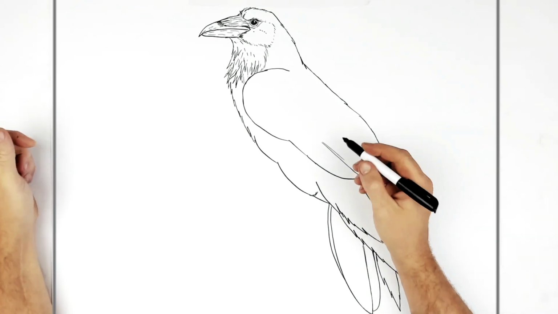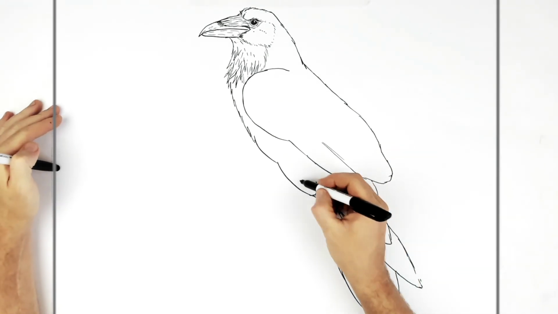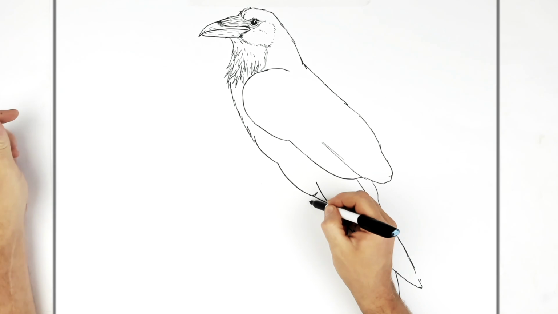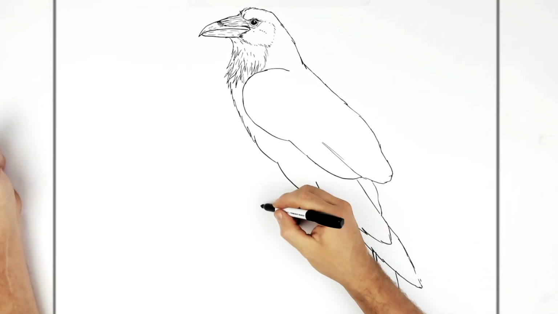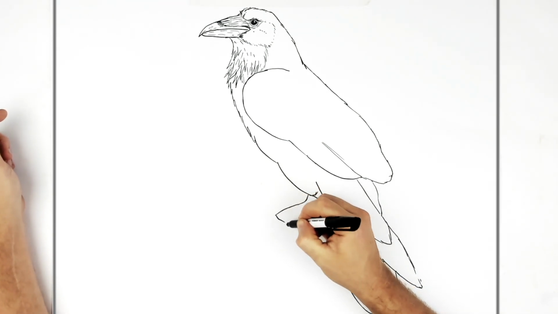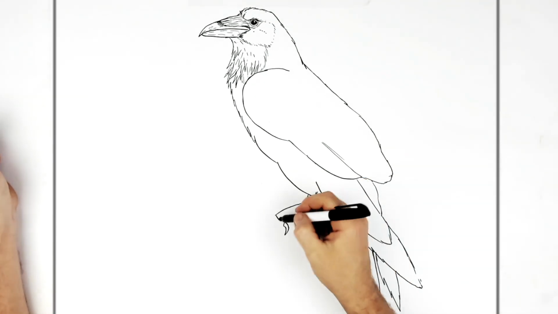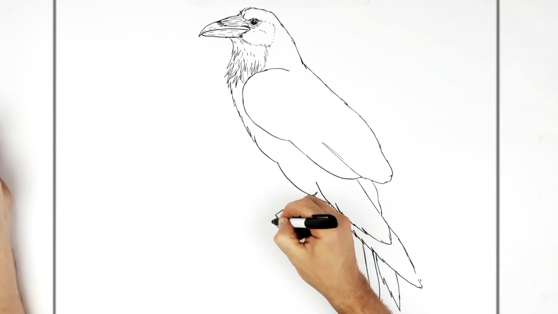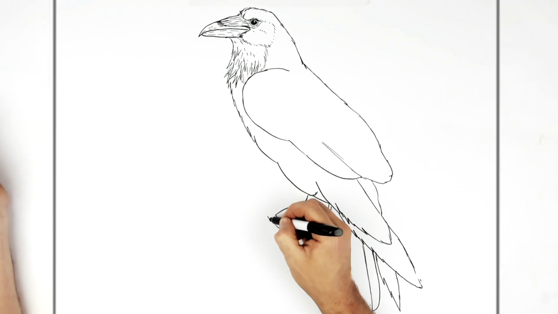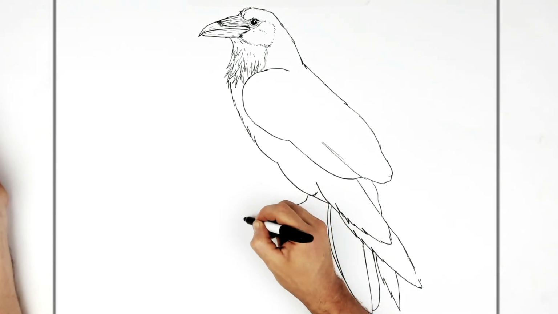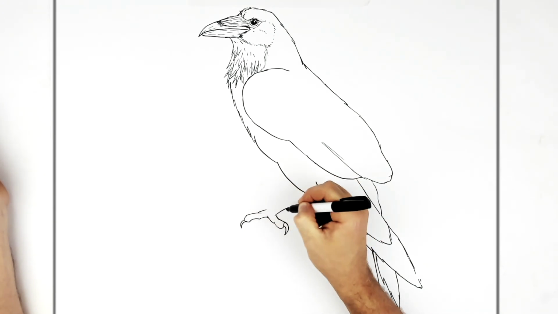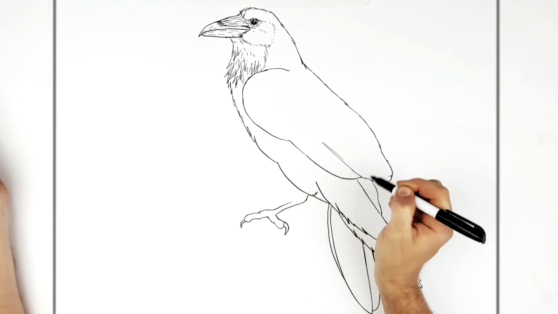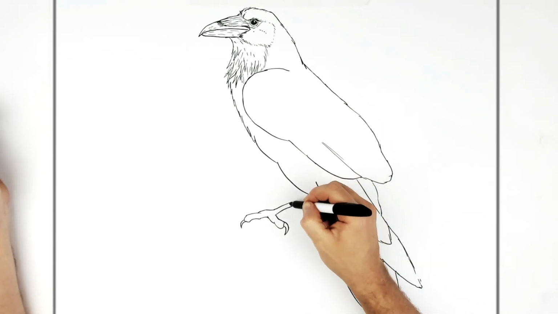Okay, and then we have two feet, and he's sort of perched, right? So it's coming out from these feathers. We've got a leg going that way, and then a toe kind of hooked back, holding on to a stump of wood. And then the foot goes that way, and then around here, big talons, and the foot goes back up underneath feathers up here somewhere.